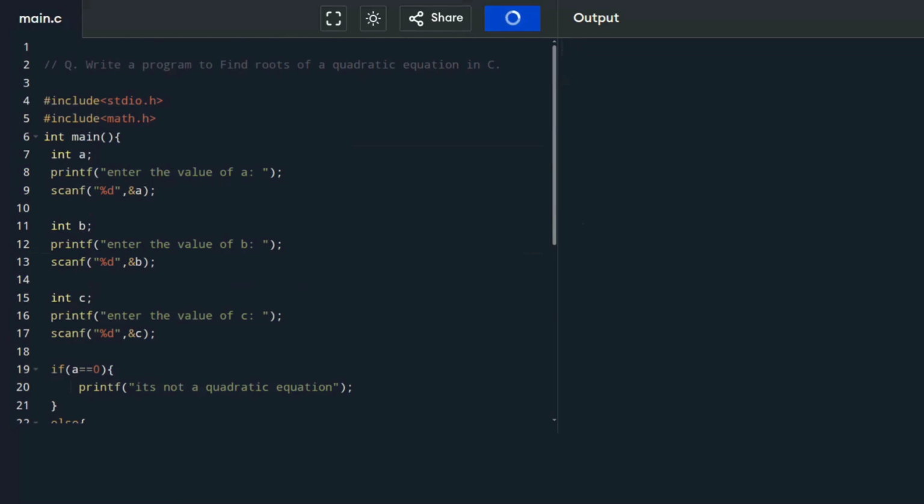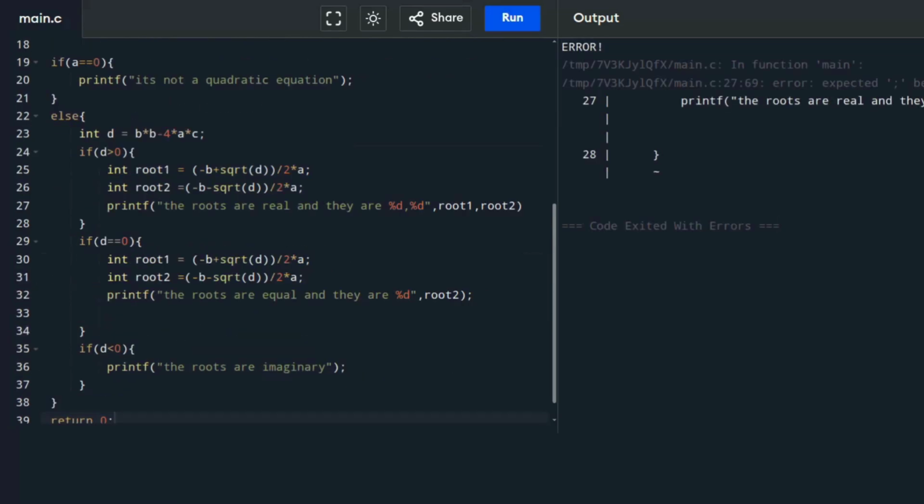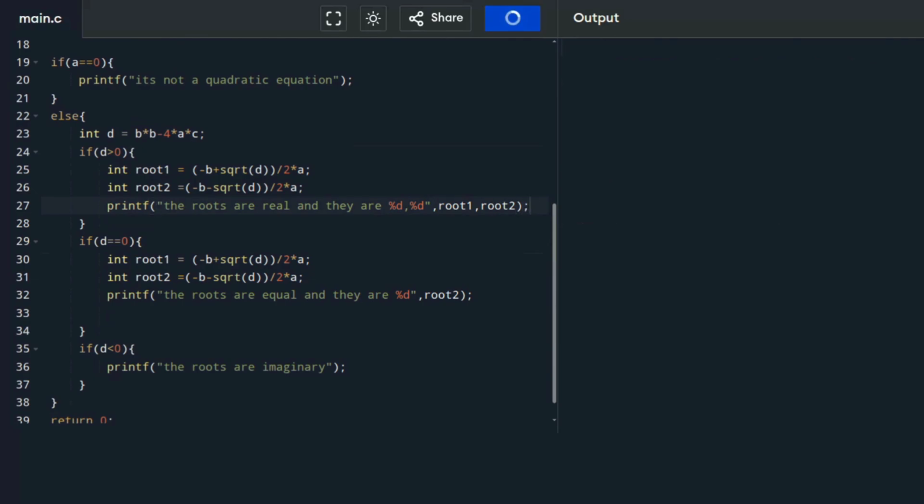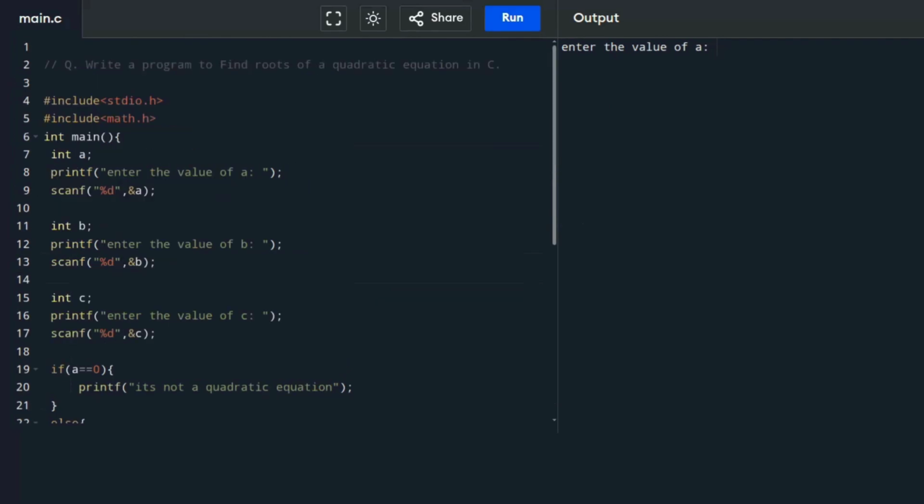All right, so enter the value of a. Let's say a quadratic equation, I will write here. Let me think of a quadratic equation with nice roots.